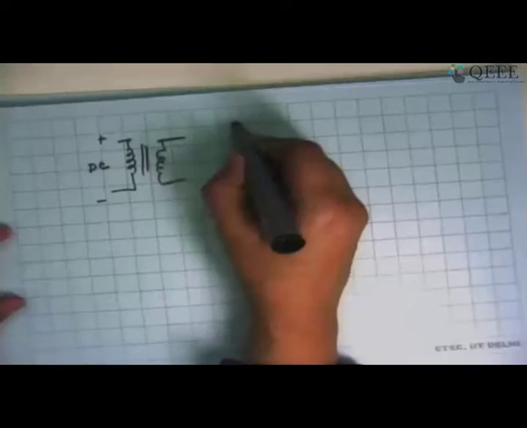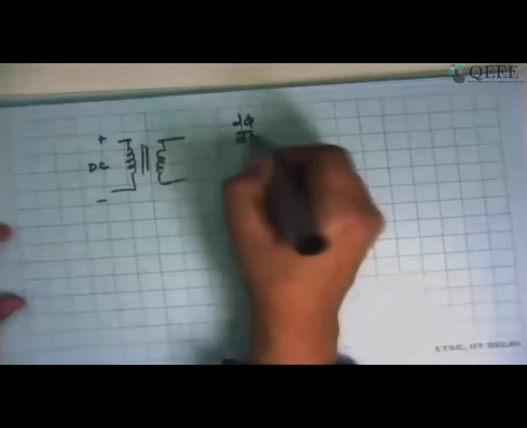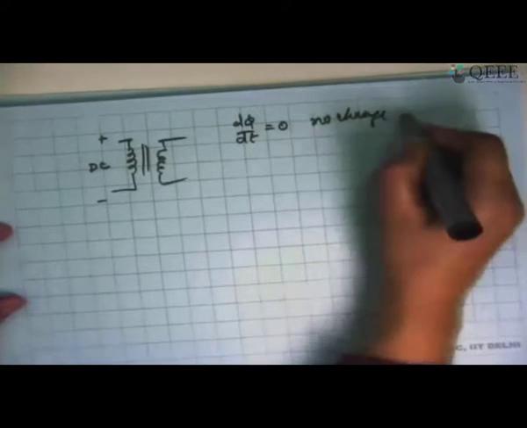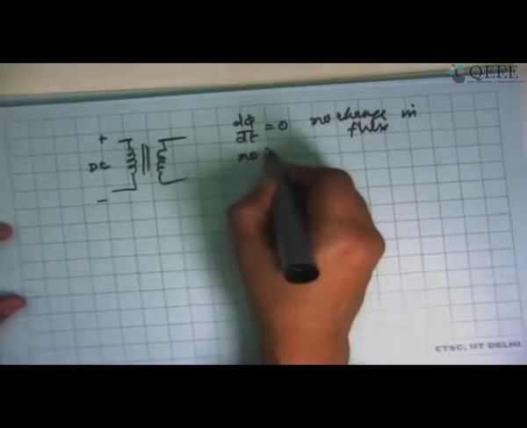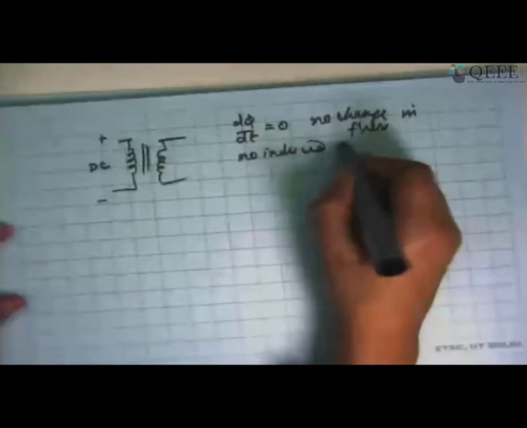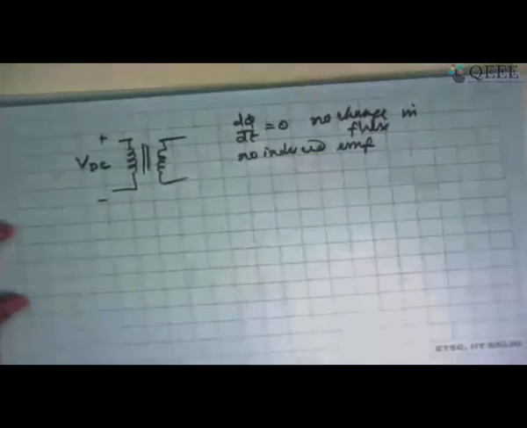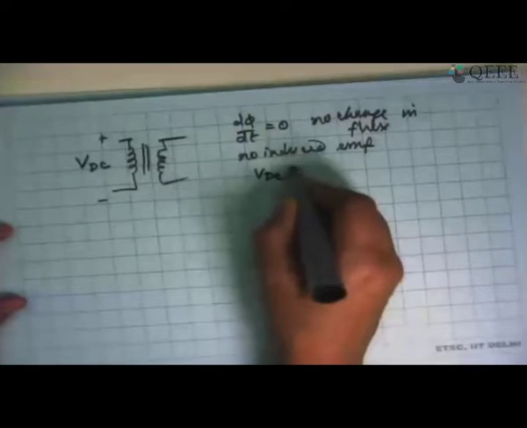If I connect a DC source, there is no d phi by dt. d phi by dt is 0. No change in flux, which means no induced EMF. So the only thing which limits the current will be VDC divided by the resistance.